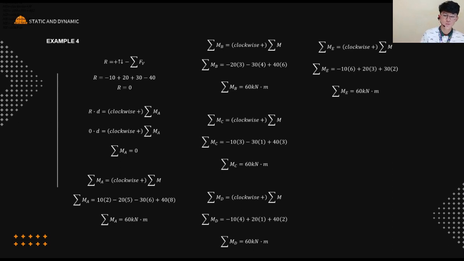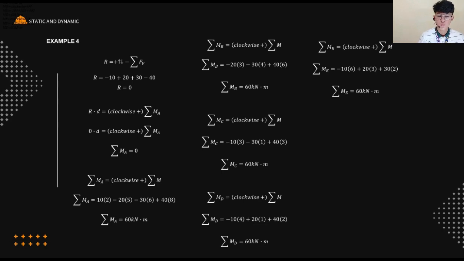Using the formula, summation moment of a point equals the summation moment. So, for moment A, summation moment A equals summation moment. Clockwise is positive, and negative naman kapag counterclockwise.